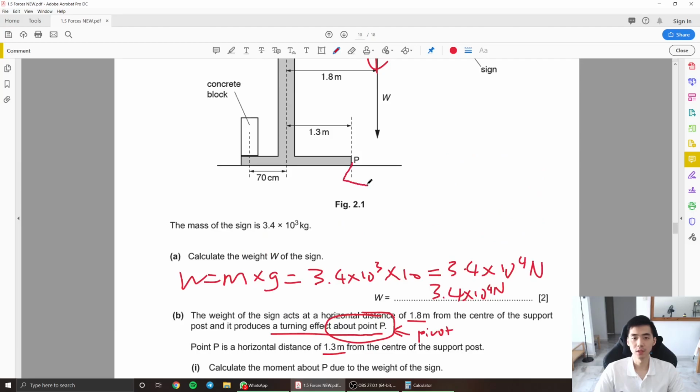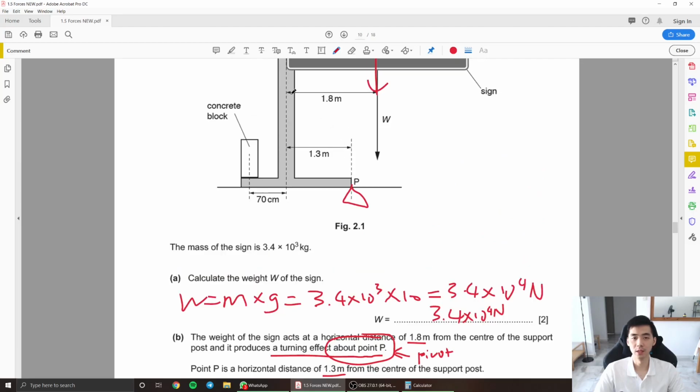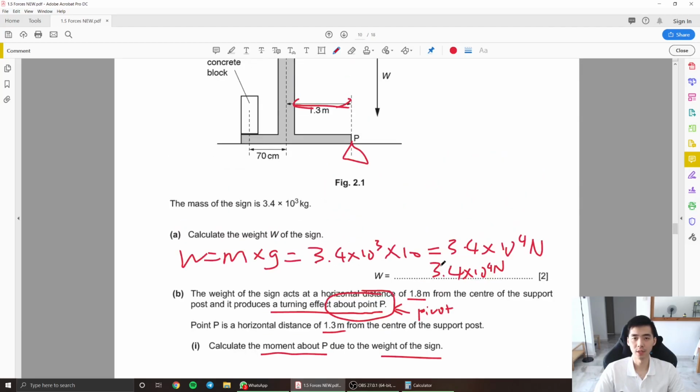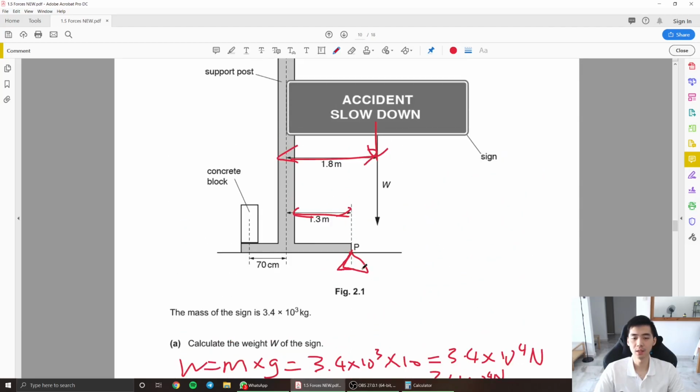So if this is the pivoting point, and they say that this here is 1.8 meters, this here is 1.3 meters, the next thing is they'll ask you to calculate the moment about point P due to the weight of the sign. In this case here, since this is the pivoting point and this is the force, the distance to the pivot perpendicular to the force is only 0.5, right?